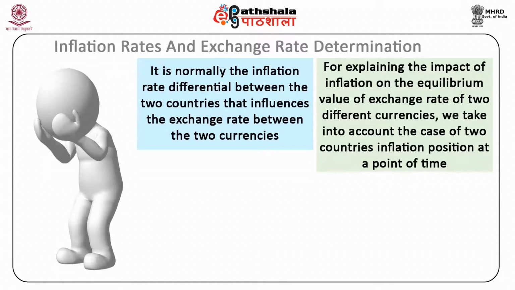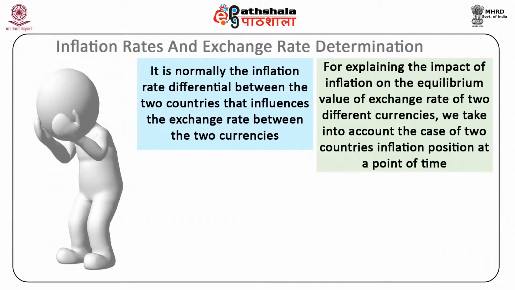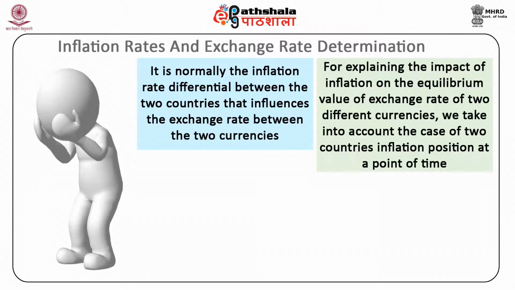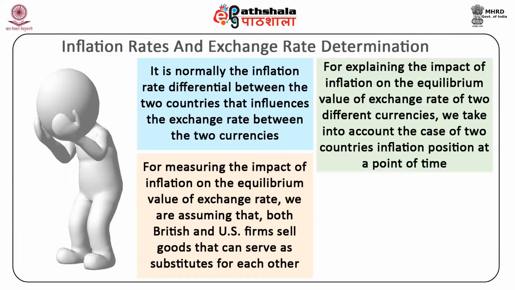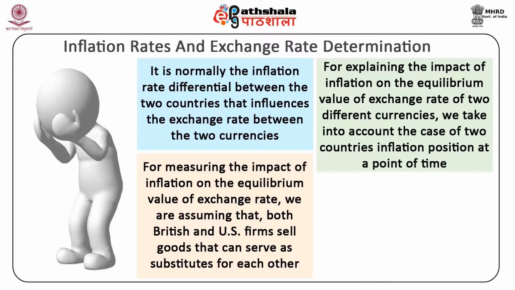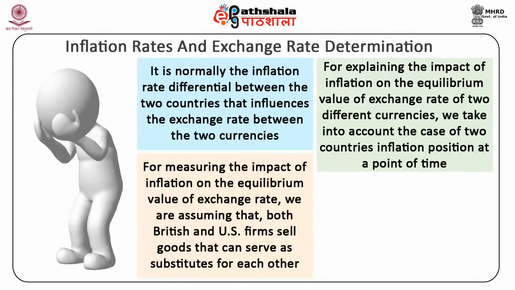Consider how the demand and supply schedules would be affected if US inflation suddenly increased substantially while British inflation remained the same. For measuring the impact of inflation on the equilibrium value of exchange rate, we are assuming that both British and US firms sell goods that can serve as substitutes for each other.